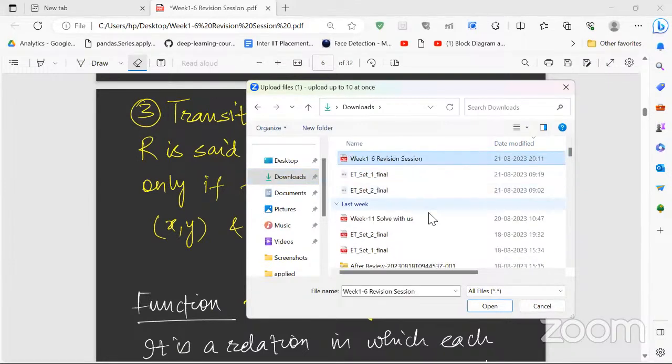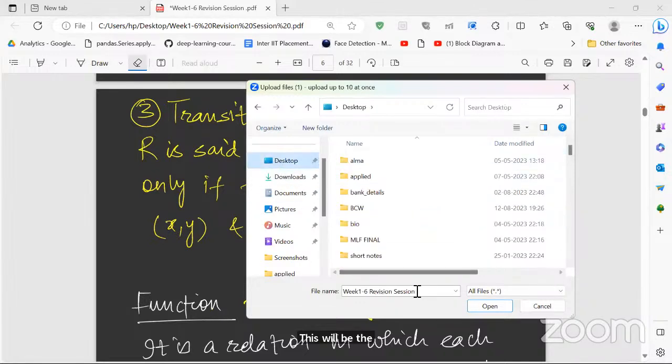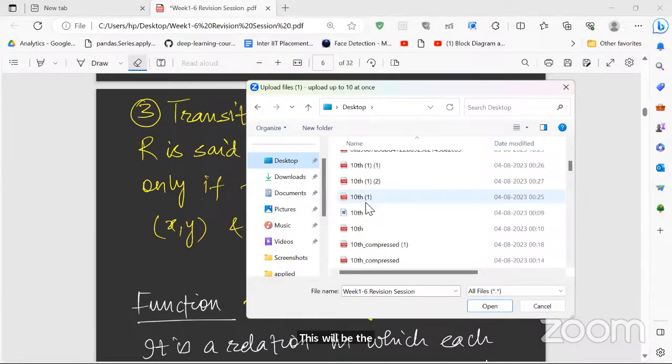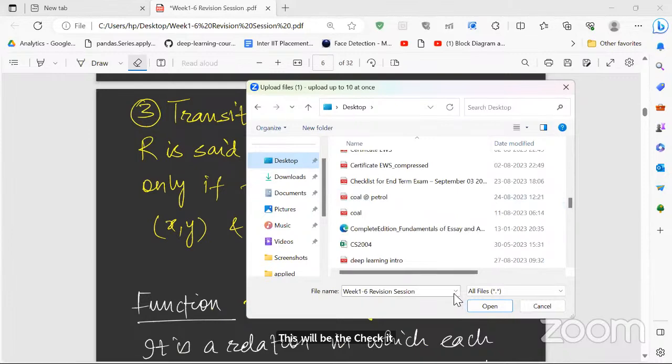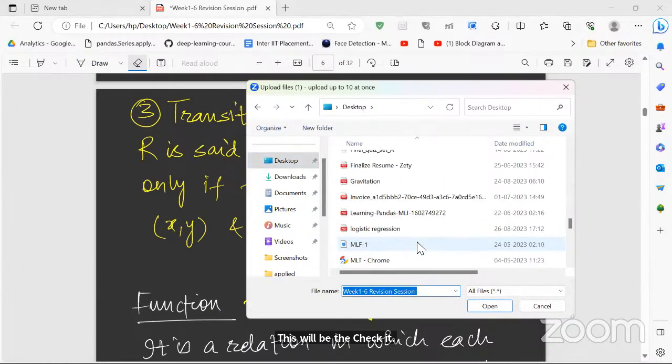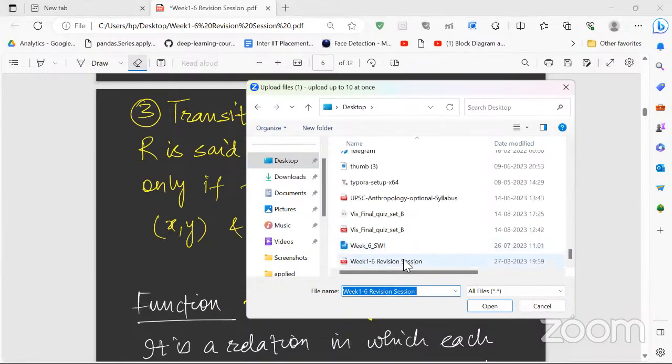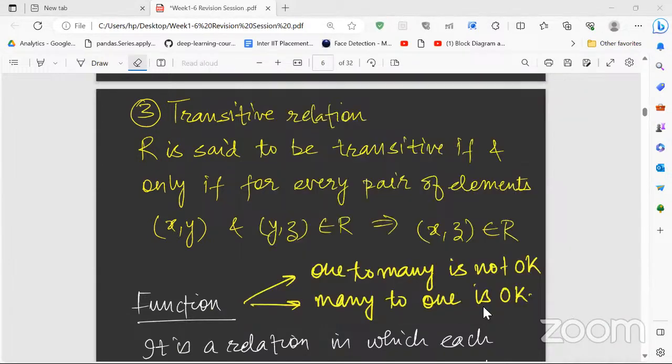I guess this should be the file, but I'm not sure. Let me check it.